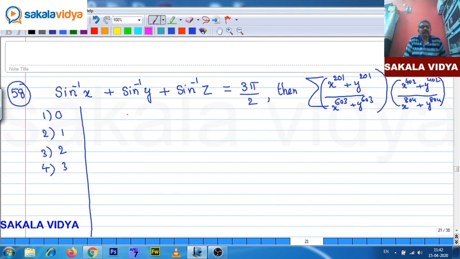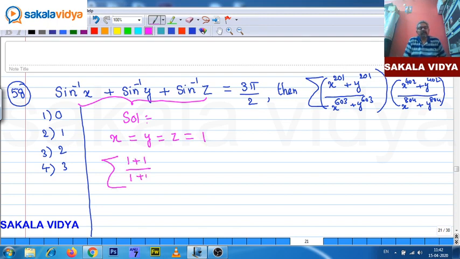Here the hint is to use this concept, x equals y equals z equals 1. Now sigma of 1 to the power of 201, (1 plus 1) by (1 plus 1), into, see, (1 plus 1) by (1 plus 1).